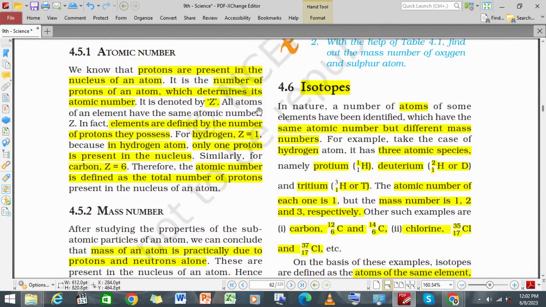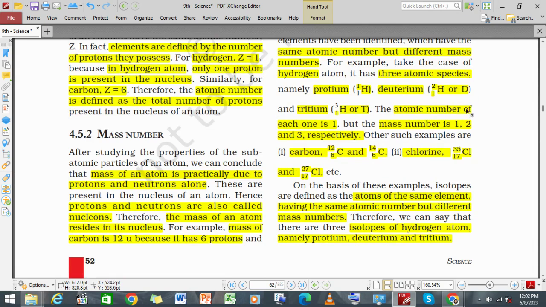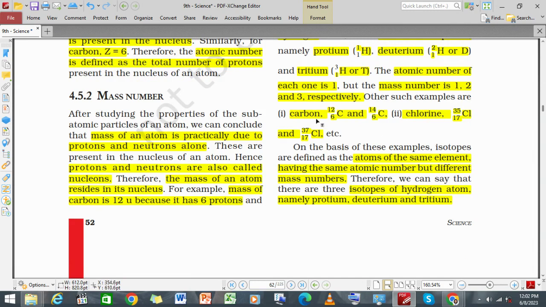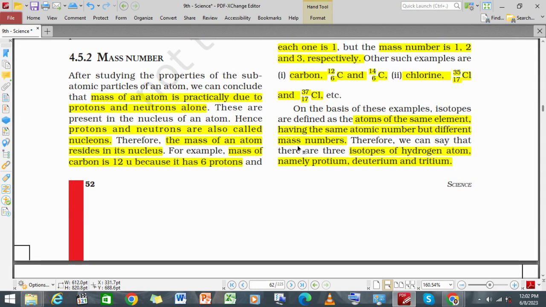Now, the atomic number of each is 1, but the mass numbers are 1, 2, 3 respectively. Hence, if we talk about carbon as well, the bottom is 6 only, but the top is different. Again, chlorine is another example, 17, bottom is same, but the upper side is different.